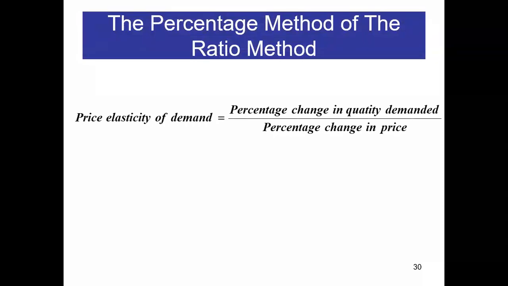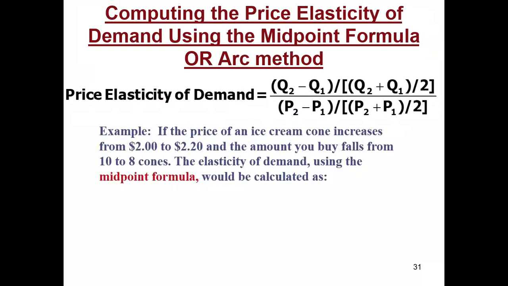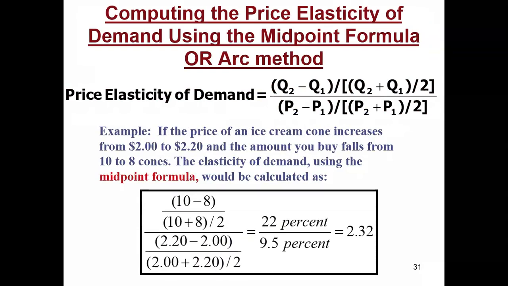First is the ratio method. As usual, the same thing will also be used as price elasticity: percentage change in quantity demanded divided by percentage change in the price. Then, arc method. Price elasticity of demand is the change in the quantity divided by (Q2 plus Q1) by 2, multiplied by (P2 minus P1) divided by (P1 plus P2) by 2.